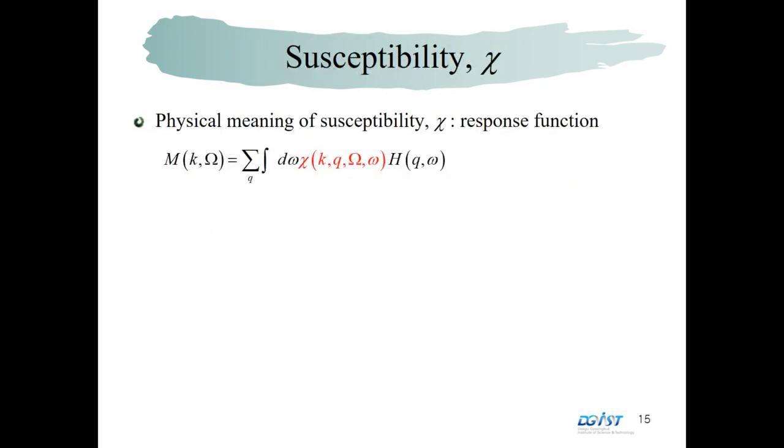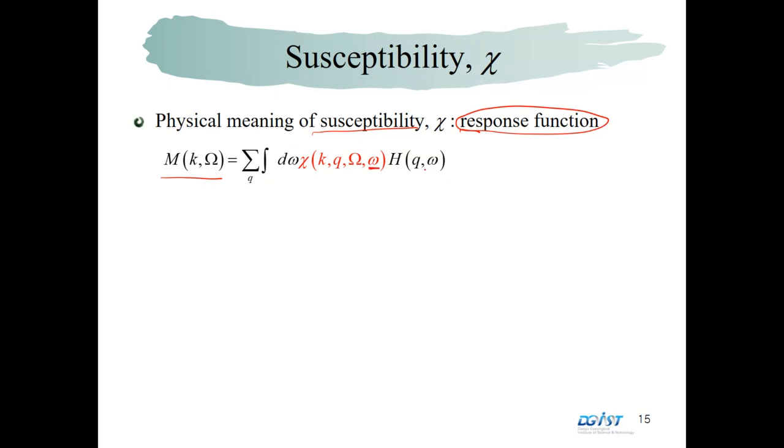So let's think about the susceptibility again. I mentioned the response function in the very beginning of our lecture. That has a very important physical meaning. The most general form of the susceptibility is here. If you have an external disturbance field and multiply by the susceptibility over all omega and all q vector, then we can obtain the magnetic moment at momentum k and angular frequency omega.